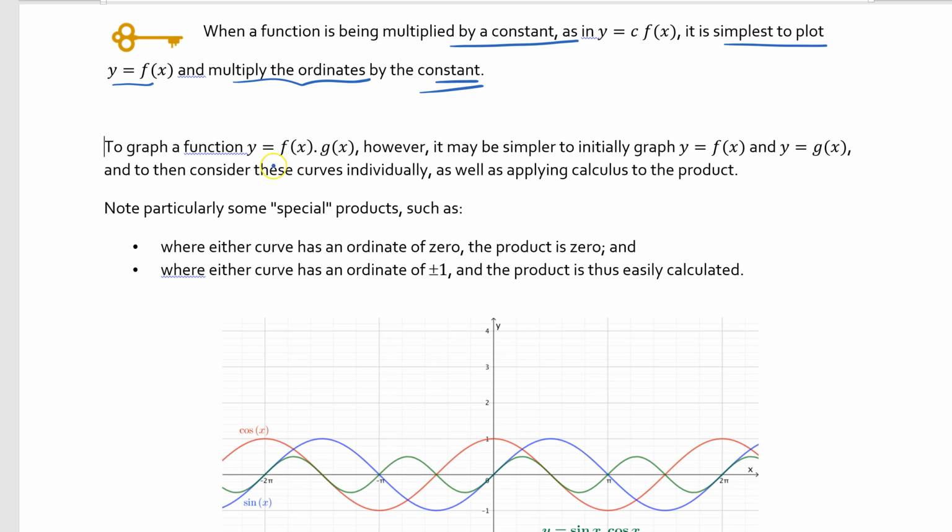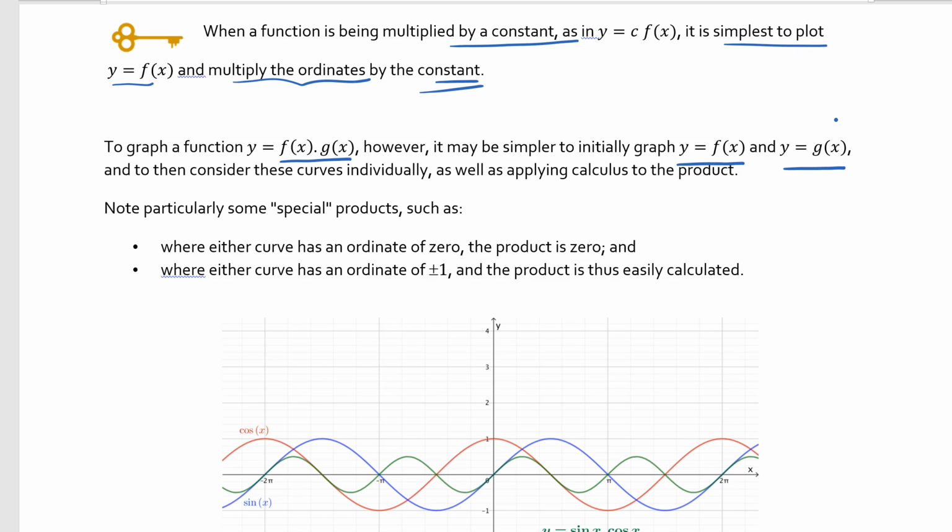If we're going to graph a function which is a product of two other functions though, then we would follow the process we've done before, which is to initially draw our two separate graphs and then consider these individually and literally multiply ordinates at special points.